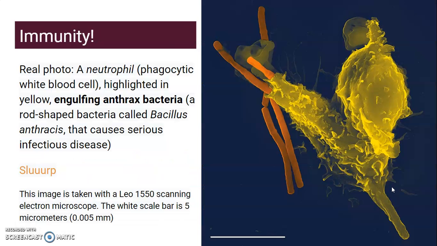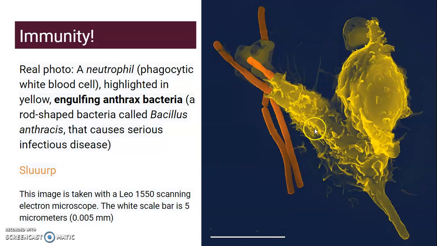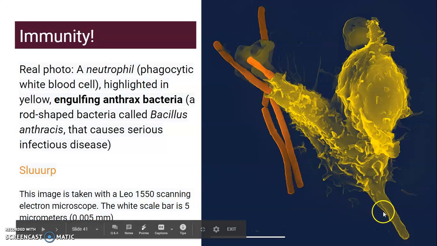Okay, here's a real electron microscope photograph of a white blood cell. That's this yellow stained thing here, engulfing anthrax, which is a really dangerous bacteria that you do not want. So I think this is one whole anthrax bacilli here. So yeah, that's pretty amazing.